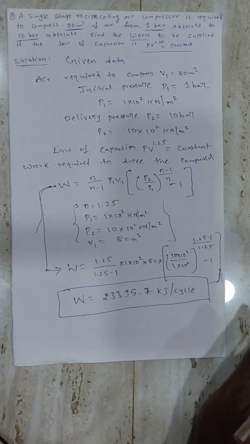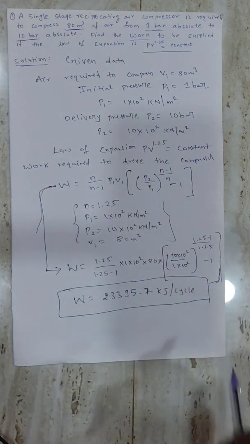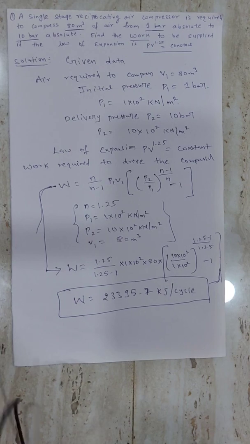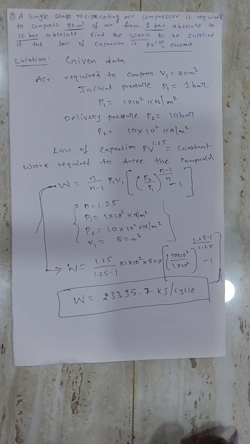Okay, once again I will explain what the given data is. A single stage reciprocating air compressor is required to compress 80 meter cube of air from 1 bar absolute to 10 bar absolute. Find the work to be supplied if the law of expansion is PV power 1.25 equal to constant.